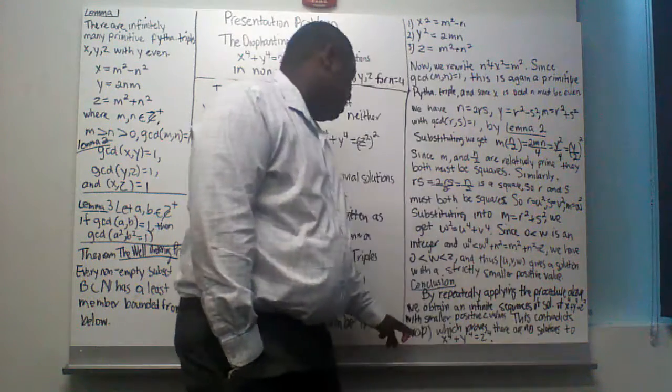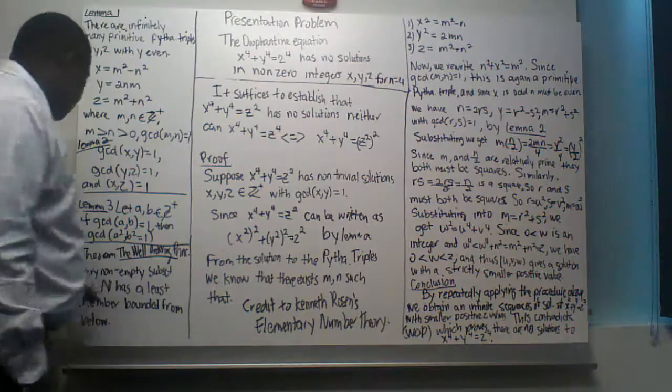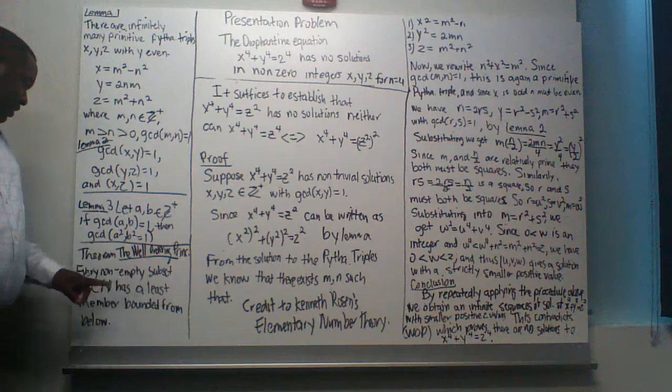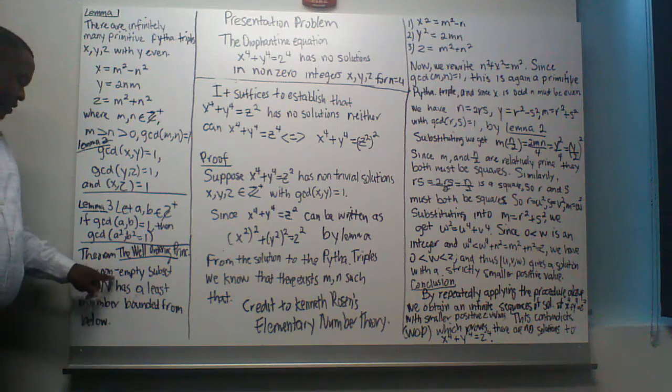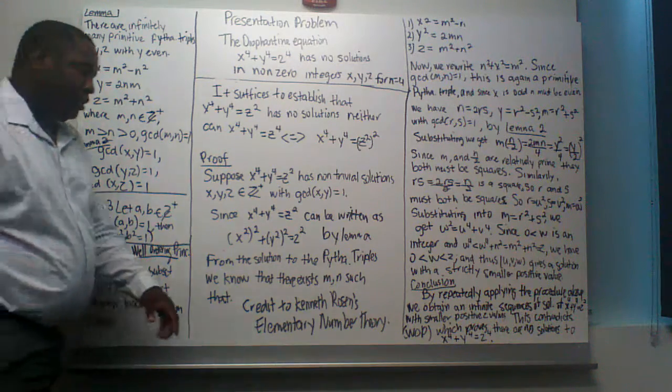This contradicts the well-ordering principle, which, right over here, this is the well-ordering principle again. It states that every non-empty subset B of N, the naturals, has a least member bounded from below.